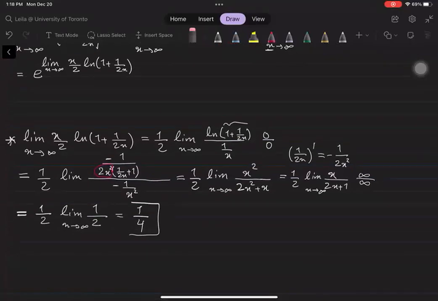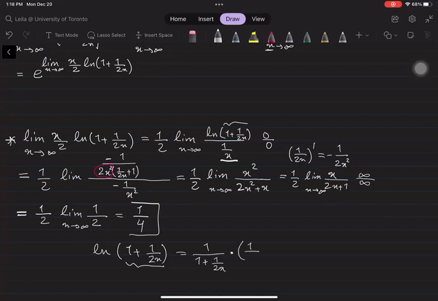And then here, the derivative of 1 over x is negative 1 over x squared. The derivative of ln is just 1 over what you have multiplied by the derivative of what's inside, right? 1 doesn't matter, so you have the derivative of 1 over 2x, which is just 1 over 2x squared.